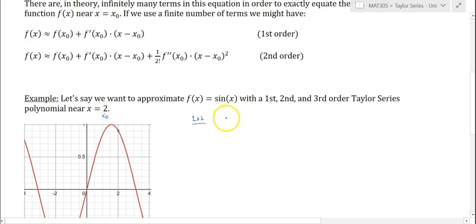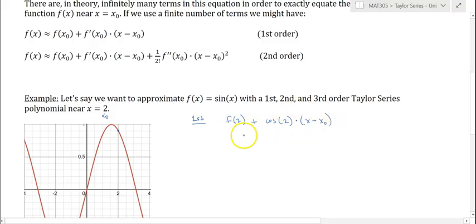So what we would have is f of 2, which would just approximate sine of 2, plus the derivative of sine, which is cosine of x, evaluated at our point. So in this case, the derivative of sine of x is cosine of x, evaluated at x equals 2 would give us the cosine of 2. And that's going to multiply x minus x naught.